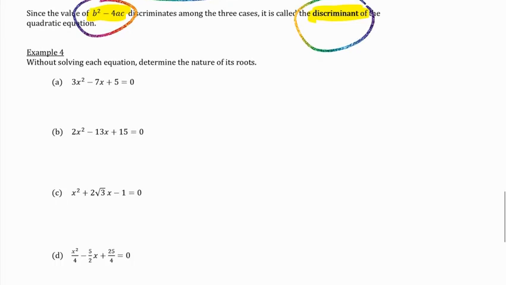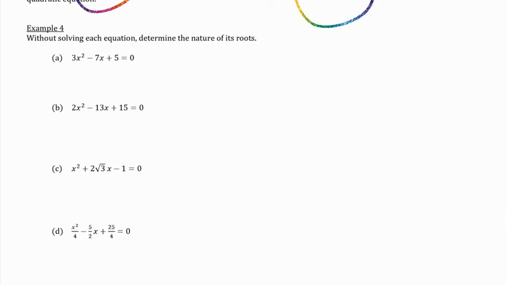So let's use the discriminant to find out what the roots are going to be. So we'll take 49 minus 4 times 3 times 5. And that's going to give me 49 minus 60, negative 11.